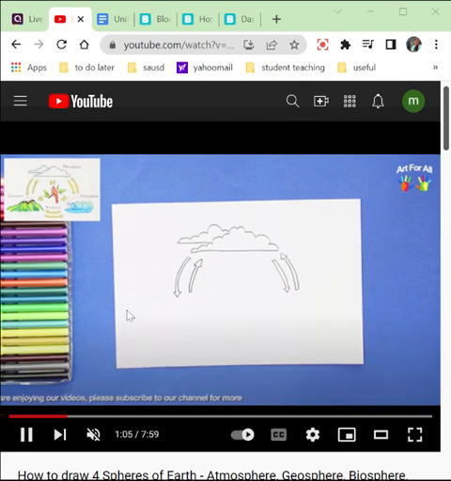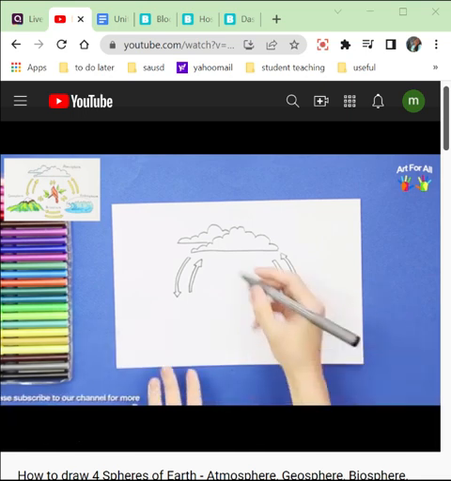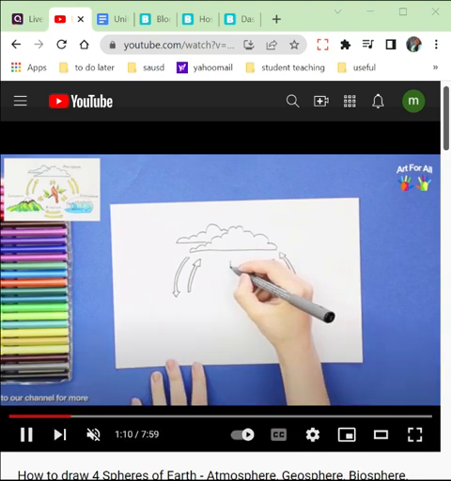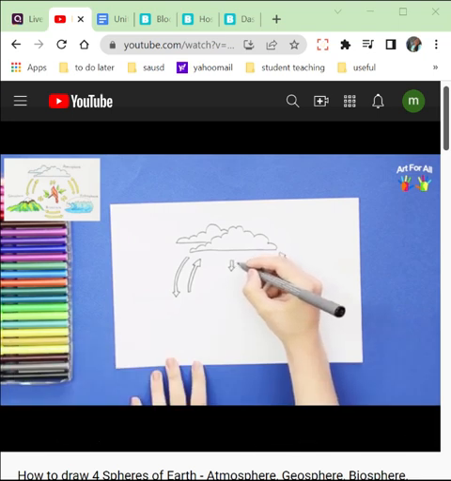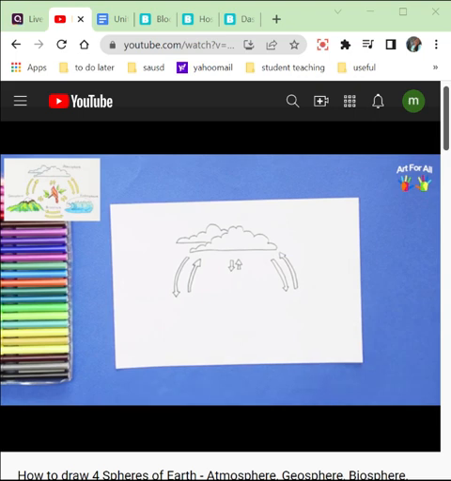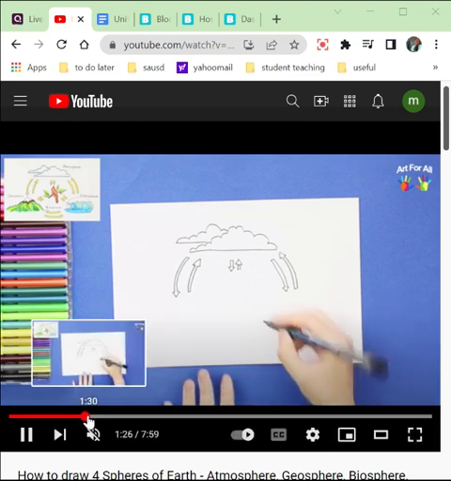And then so now we're drawing the arrows to show that the other different spheres will interact with the atmosphere. So if you need it rewinded, if it's going too fast, let me know. If it's going too slow, you want to speed it up, let me know.